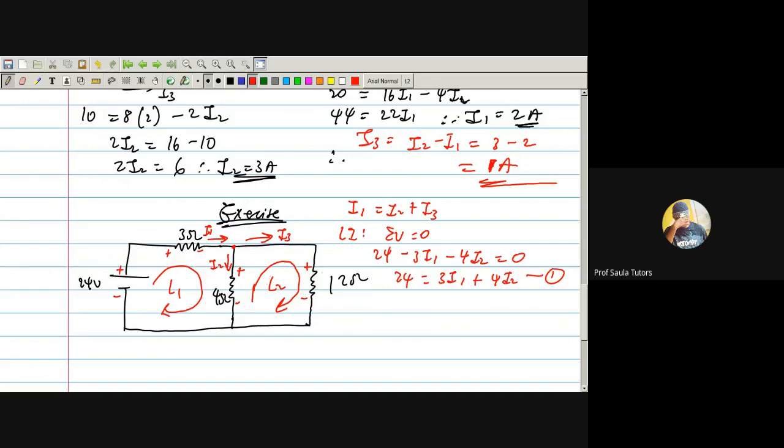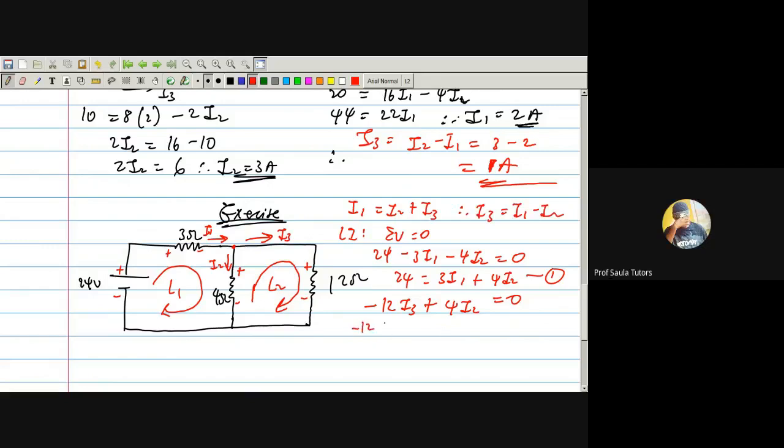Now check. We are moving this way. That's minus 12I3, negative to positive, plus 4I2 equals 0. And don't forget, what is my I3? I3 equals I1 minus I2 from here.